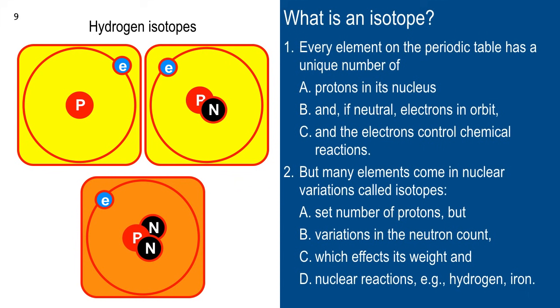So 3 nucleons, and for that reason this one is called tritium, T-R-I-T-I-U-M. T-R-I meaning 3. There's 3 nucleons. Now, chemically speaking, these hydrogen variations all behave chemically the way regular hydrogen does. They're just a little heavier.